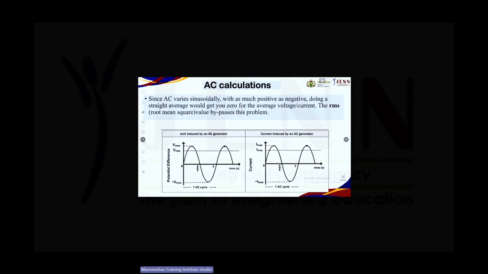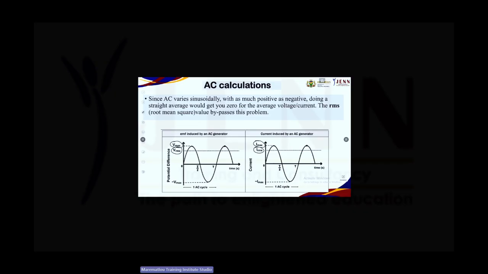We use small letters with that, and then we use that for subscripts as well. And this is very important. So when you do your calculations, you can see here VRMS, you also have your Vmax, you have your IRMS, and you also have your Imax as well.